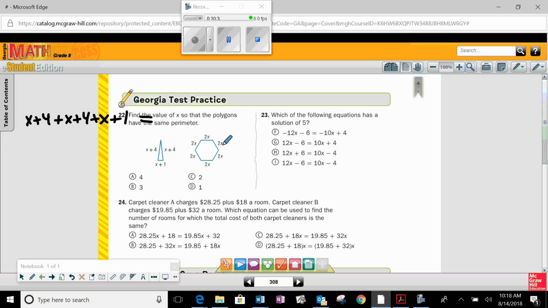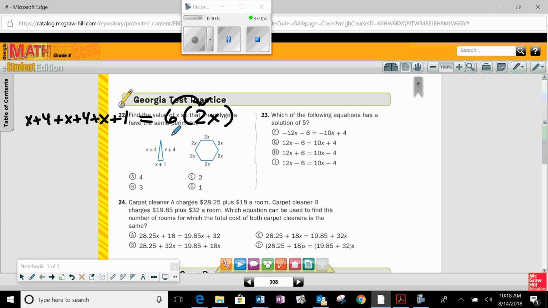Now we have 1, 2, 3, 4, 5, 6 sides of the same size. So you could use parentheses for this one and say 6 times 2x, because that represents all 6 sides and they're the exact same measure. You can do that when they're the same expression.